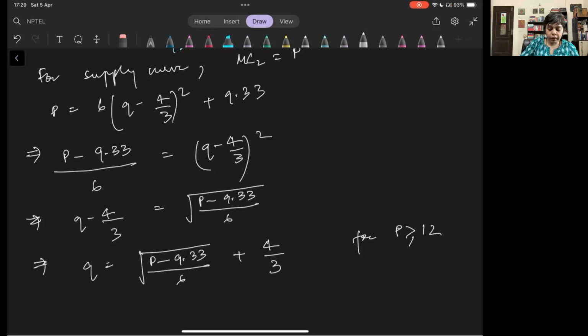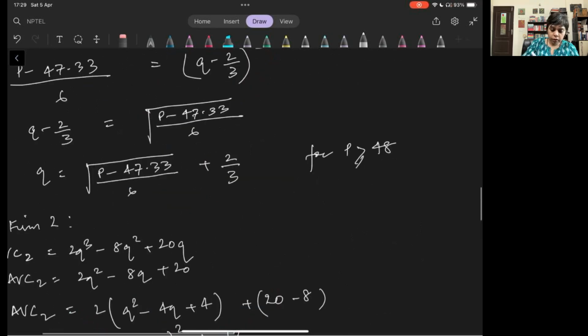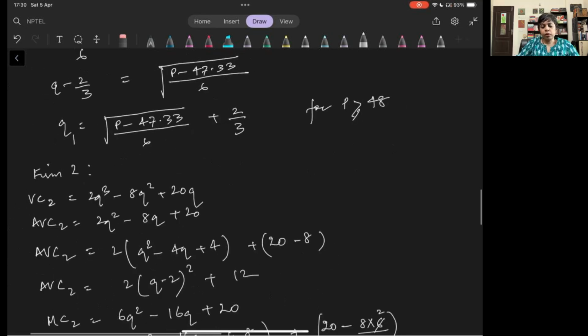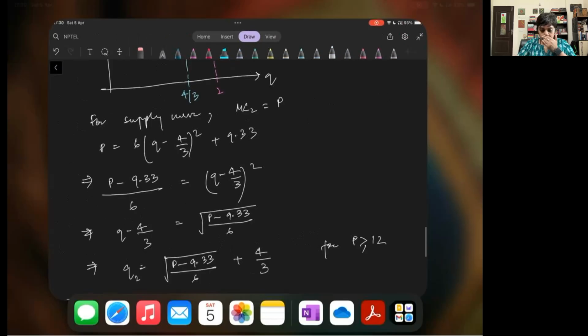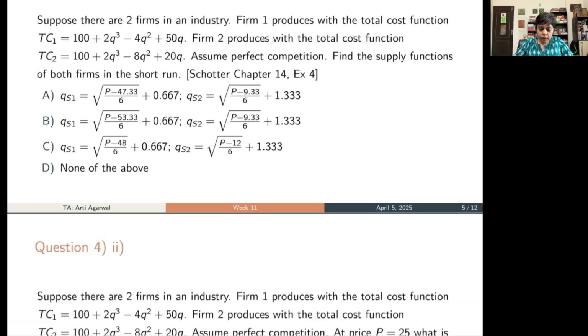If you want, you can write this as Q2 and this as Q1, so there's no confusion. Okay, so let's go to the next part of this question. We've done part 1 of question 4. The answer is option A, which is what we calculated as the answer.